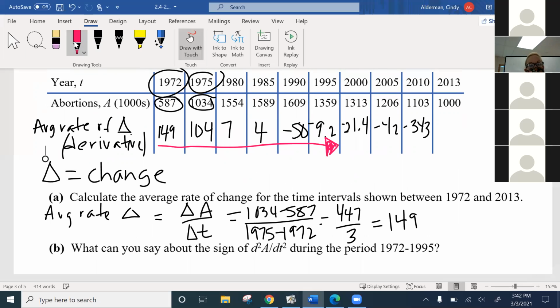So first of all, is it increasing or decreasing? So let's say something about that. We can say that we're decreasing here.